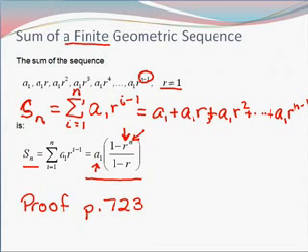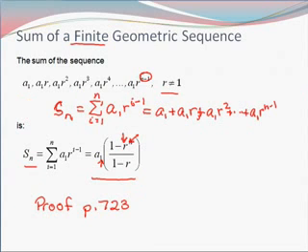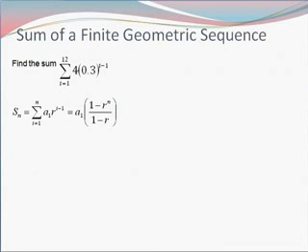Let's go ahead and do an example working with the formula. Here we've got the sum from i equals 1 to 12. Remember, we're working finite right now, of 4 times 0.3 to the i minus 1 power. If we expand this out, you'll see that your first term is 4 times 0.3 to the 0 power.